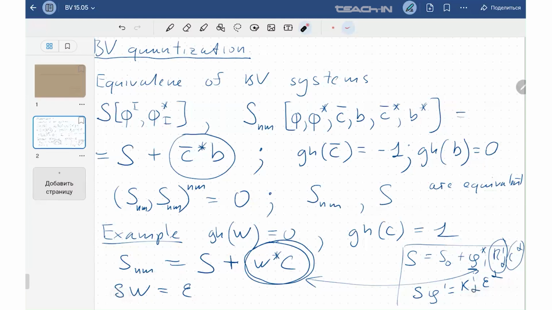Very good. Of course, one can cook up different examples of the same sort, taking different ghost degrees, but the idea is always the same, that you add a new sector, which is kind of trivial.